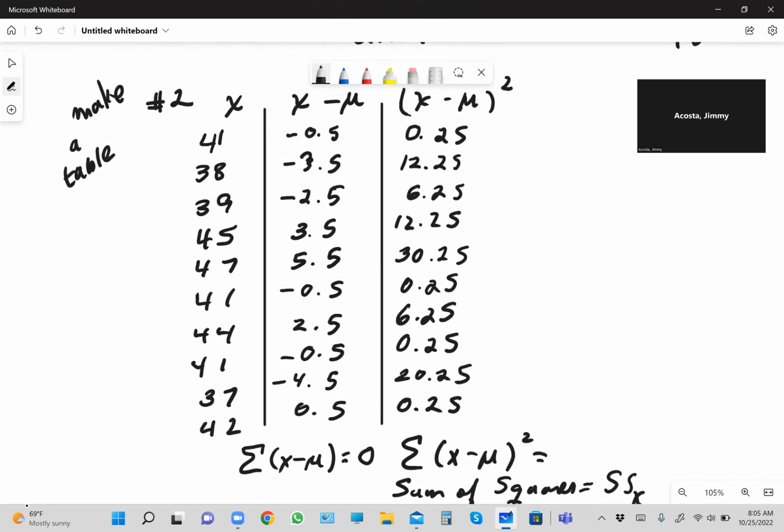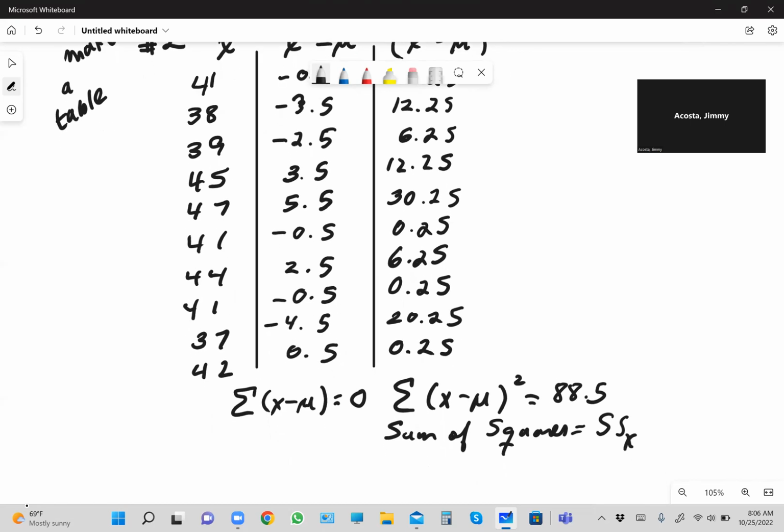Hopefully I can do it properly here. 0.25 plus 12.25 plus 6.25 plus 12.25 plus 30.25 plus 0.25 plus 6.25 plus 0.25 plus 20.25 plus 0.25. I'm getting 88.5.